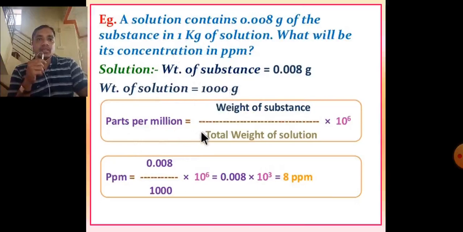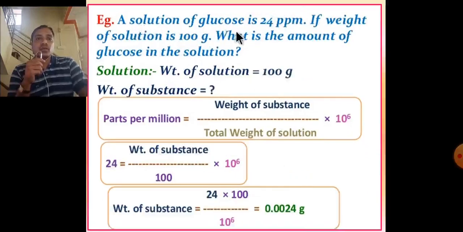Parts per million is equal to weight of substance divided by total weight of solution into 10 raised to 6. That is, ppm is 0.08 divided by 1000, the total weight of the solution, into 10 raised to 6, which is equal to 0.008 into 10 raised to 3, which is equal to 80 ppm.